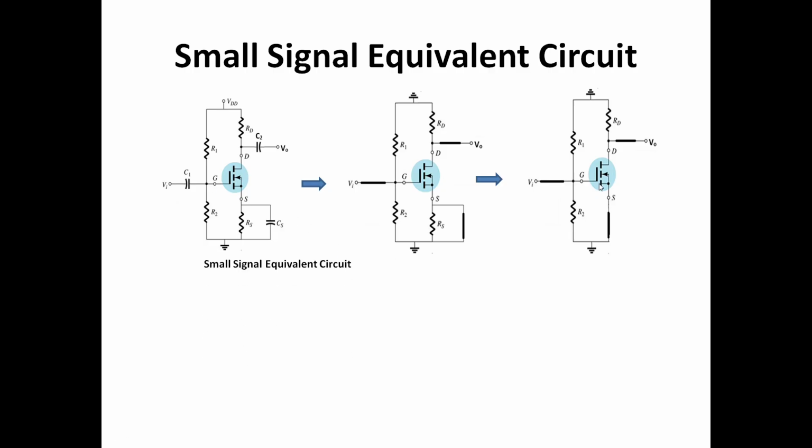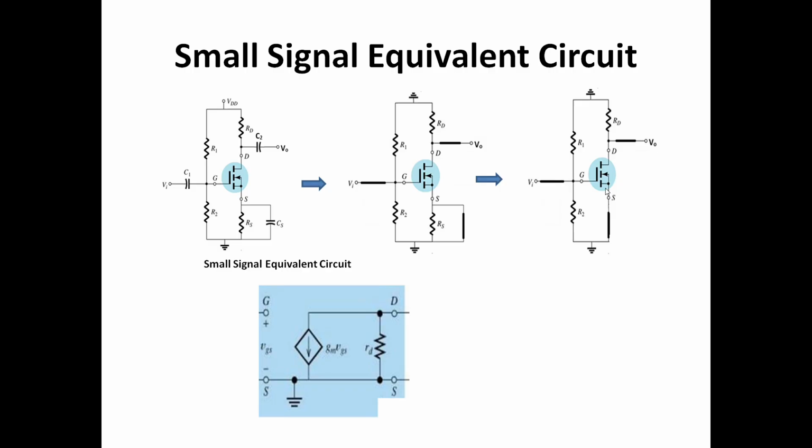Here we remove this MOSFET and place an equivalent voltage dependent current source there, and now in this circuit you can see that this R1 and R2 are parallel, because one end of R1 and R2 is connected to the gate and the other end is connected to ground.